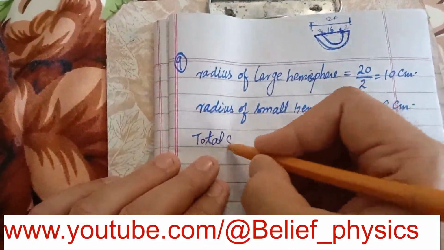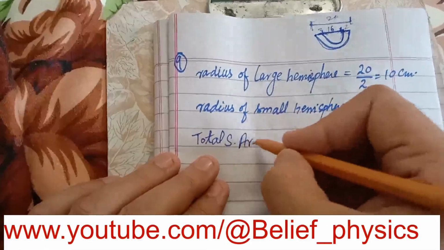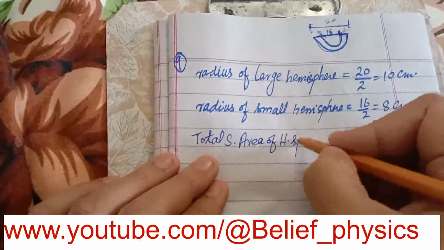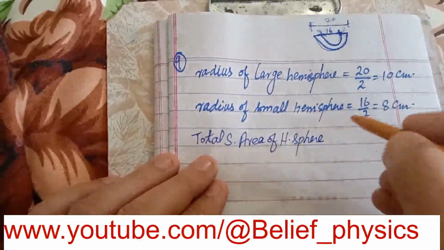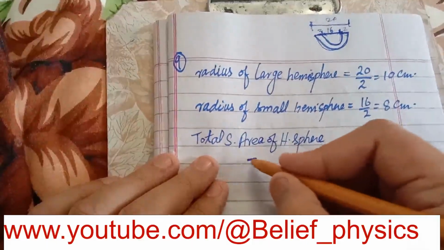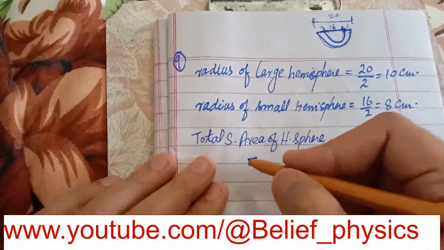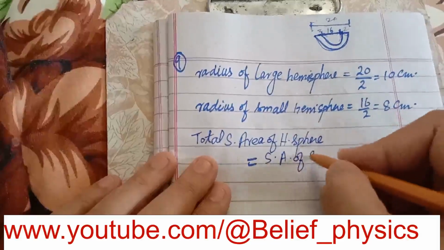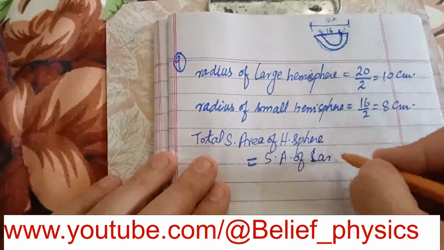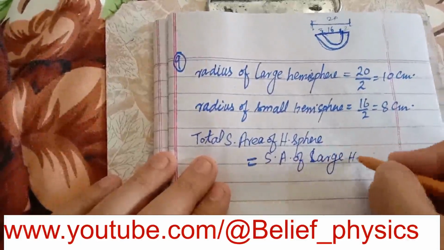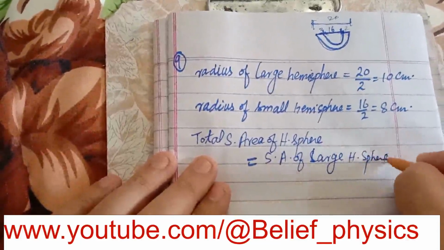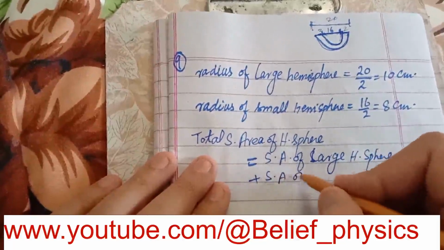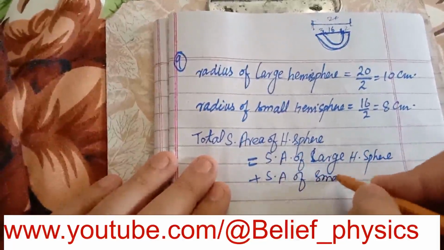Now we have to find the total surface area of the hemisphere. How many surfaces are there? One is the surface area of the large hemisphere, plus the surface area of the small hemisphere.